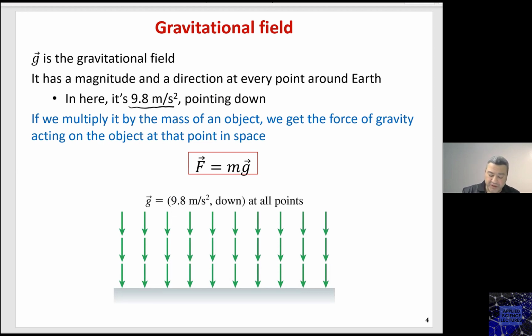However, closer to the surface of the Earth, at a small area where it looks flat, I can say that this gravitational field is uniform, which means it has the same magnitude anywhere and the same direction pointing toward the Earth. So this gravitational field g has a value of 9.8 meters per second squared. If you multiply by the mass, you get the gravitational force.